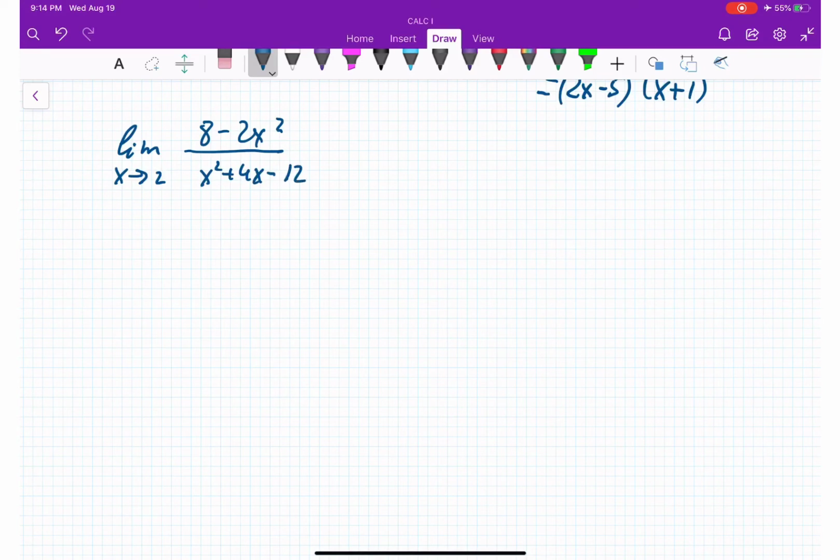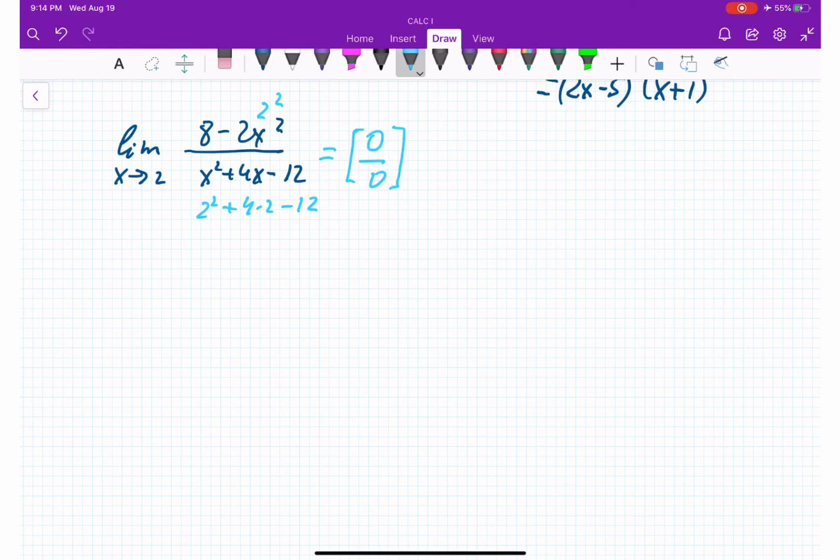Okay, so plugging 2 in here, going 2 squared. So 2 squared is 4 times 2 is 8. 8 minus 8 is 0. 2 squared plus 4 times 2, it's going to be 8 plus 2 squared is 4, will be 12. And if I do minus 12, I'm getting again 0.